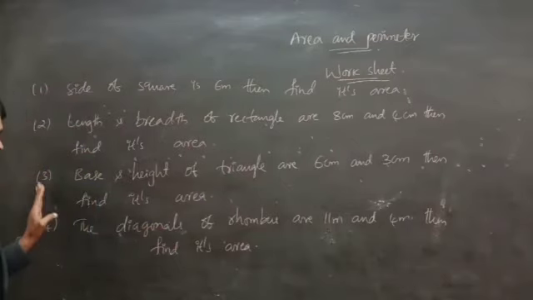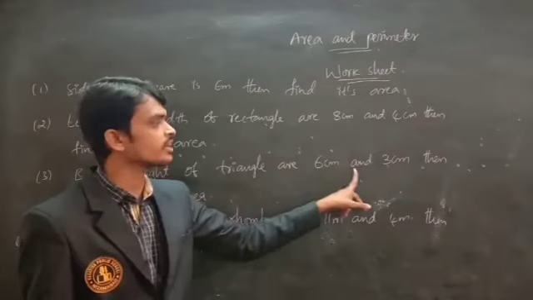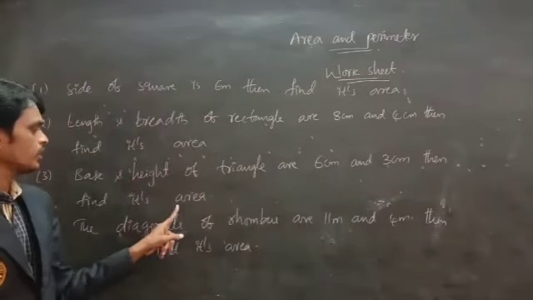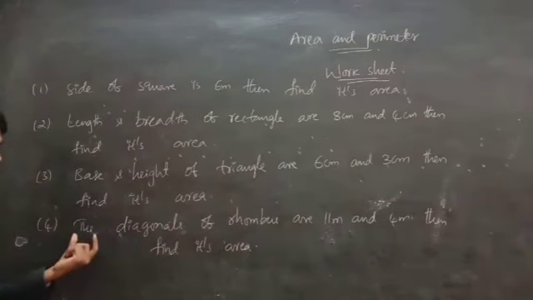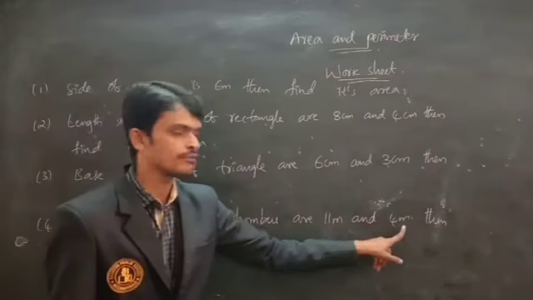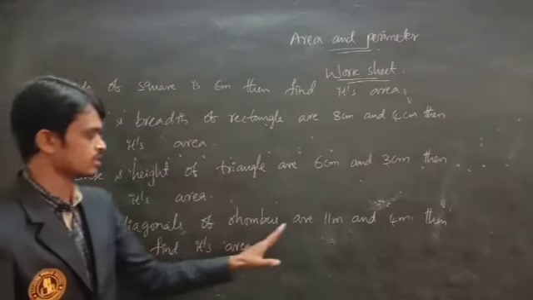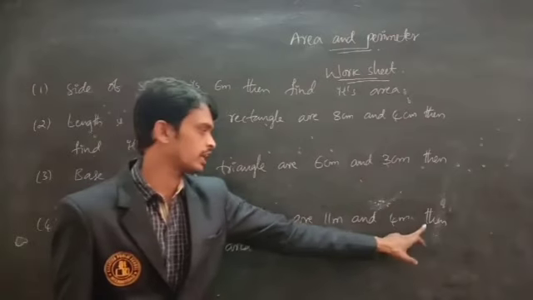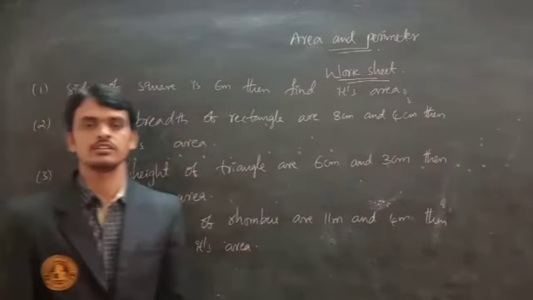Now third problem: base and height of a triangle are 6 centimeters and 3 centimeters. Then you have to find out the area of the triangle. Now fourth problem: the two diagonals of a rhombus are 11 meters and 4 meters. Then we have to find out the area of the rhombus.